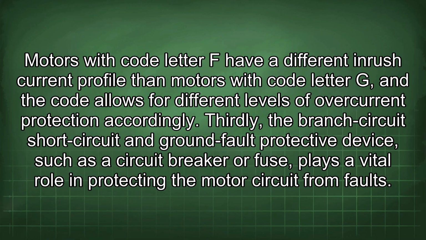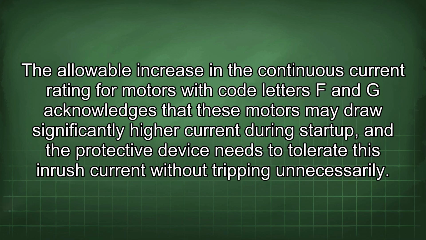Thirdly, the branch circuit short circuit and ground fault protective device, such as a circuit breaker or fuse, plays a vital role in protecting the motor circuit from faults. The allowable increase in the continuous current rating for motors with code letters F and G acknowledges that these motors may draw significantly high current during startup, and the protective device needs to tolerate this inrush current without tripping unnecessarily.